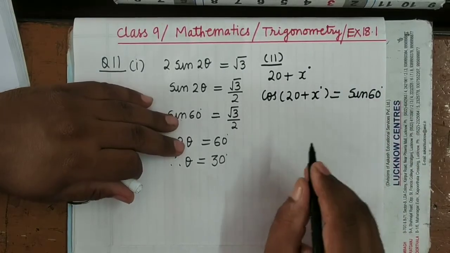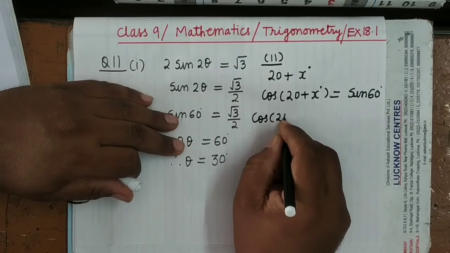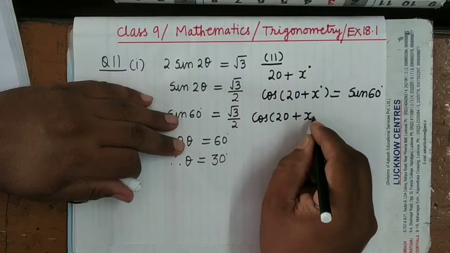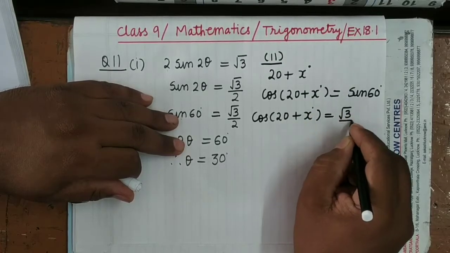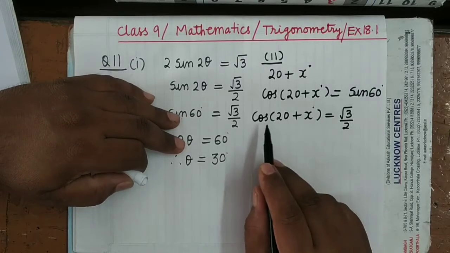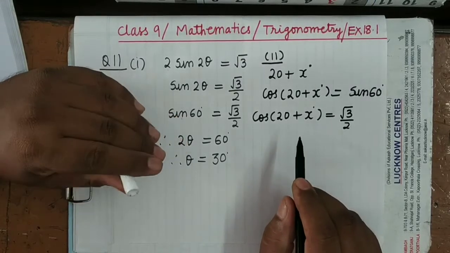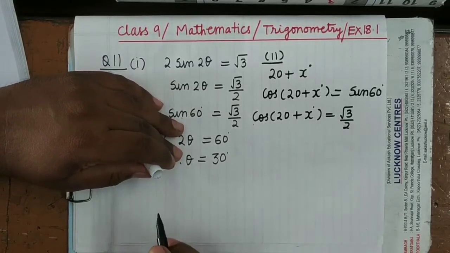Now see here, cos 20 plus x degree, sine 60 is root 3 upon 2. Now for which angle is cos root 3 upon 2? You find out for which angle cos is root 3 upon 2.